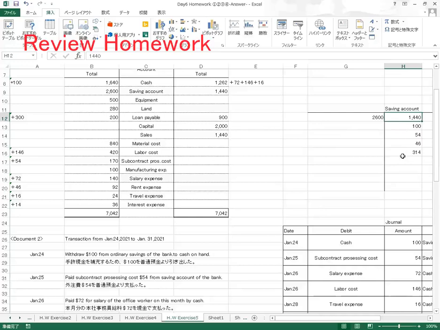See the trial balance of the 23rd: there is 2,600 and 1,044. You will go to the first line. Then January 24, there is a 100 withdrawal from the savings account.